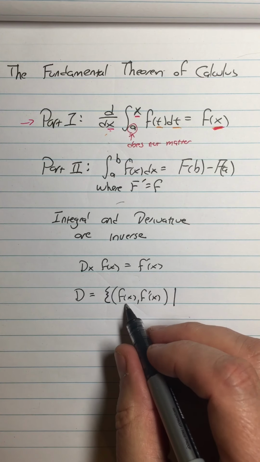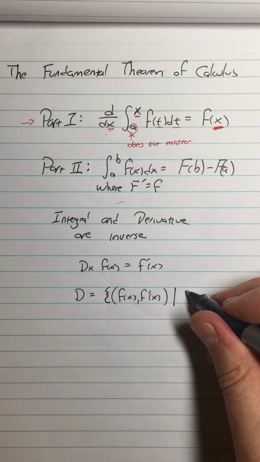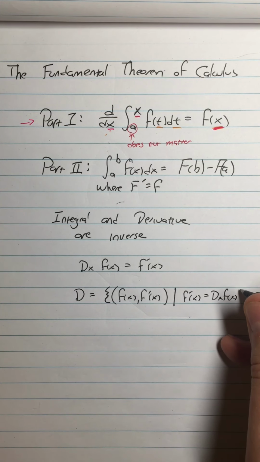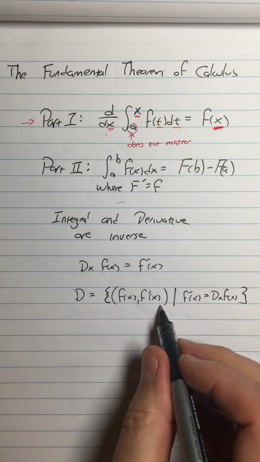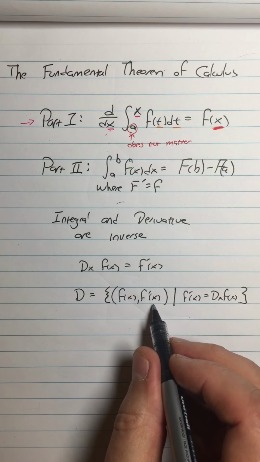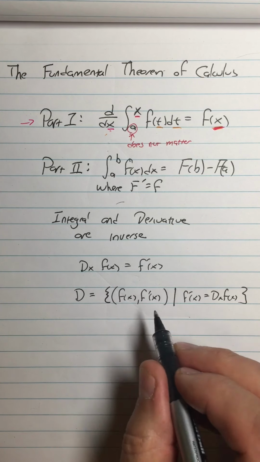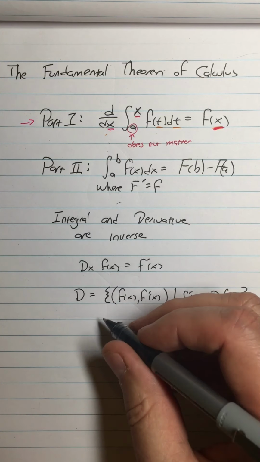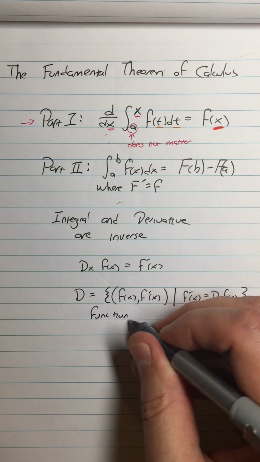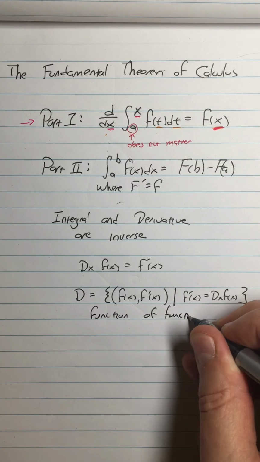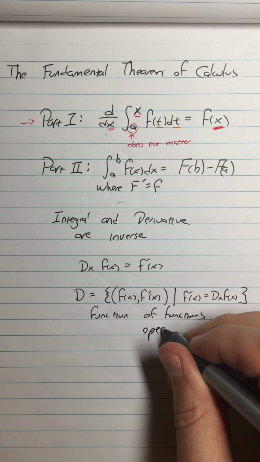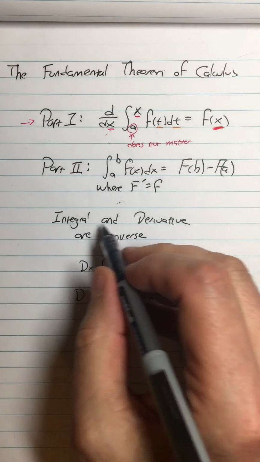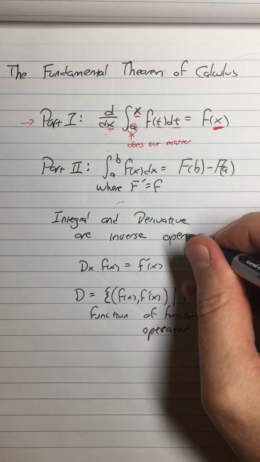The set of pairs f of x, f prime of x, such that f prime of x is the derivative of f of x. It's a set of ordered pairs. It is a function, but it's a function whose domain and range are the set of all real valued functions. That has a name. A function of functions is called an operator. So both derivative and integral are considered operators. The integral and derivative are inverse operators.